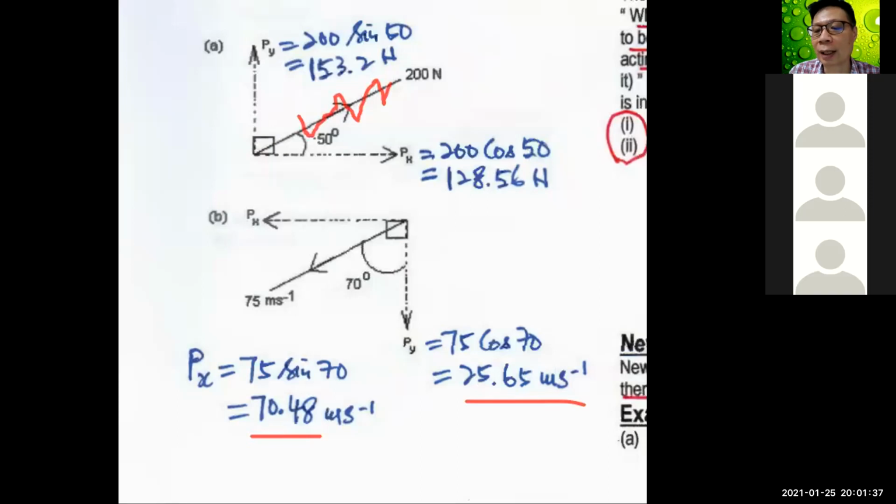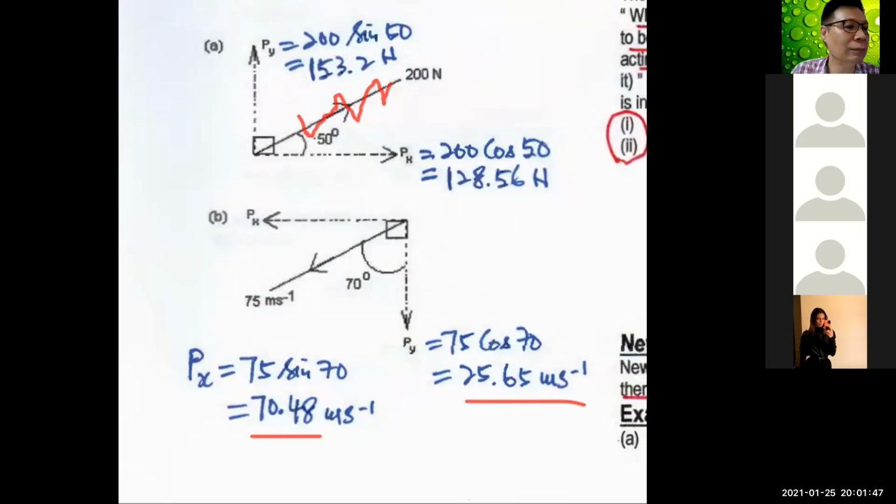Yes, sir. Justin, okay or not? Can, sir. Then Jing Sun, okay, understand? Okay, sir. Kalai, what about you? Understand, sir. Can understand X component, Y component. Okay. All right. Okay, now, next one.